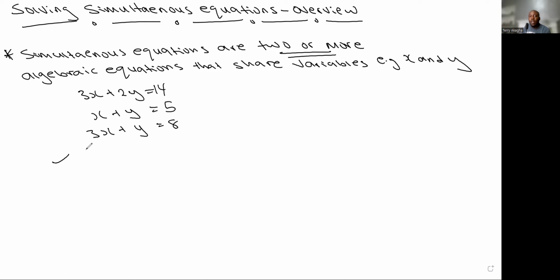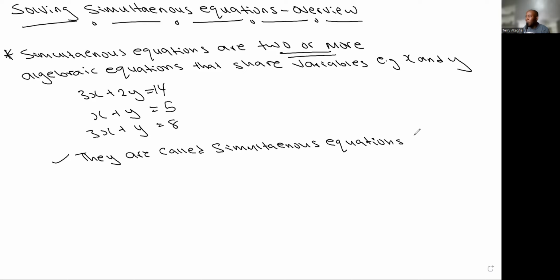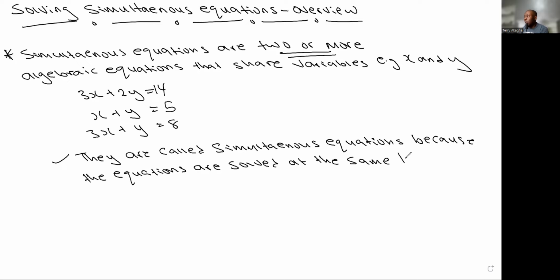That's why they are called simultaneous equations, because they are solved at the same time.